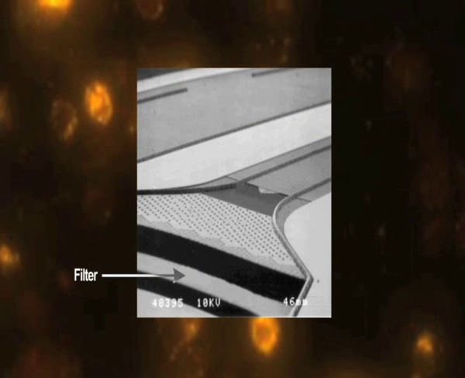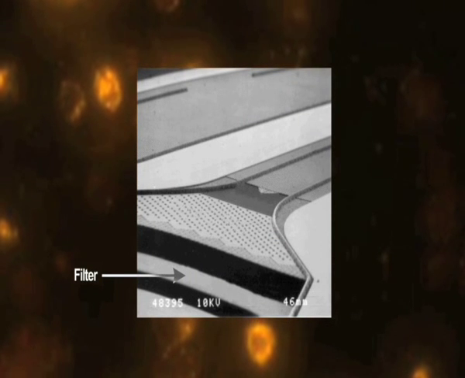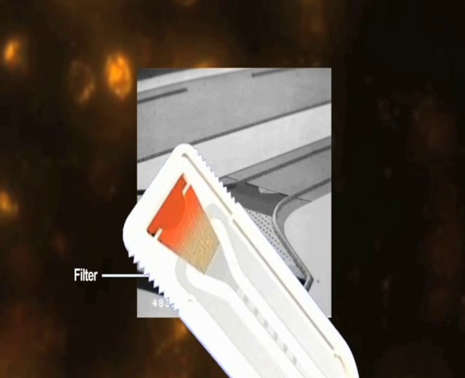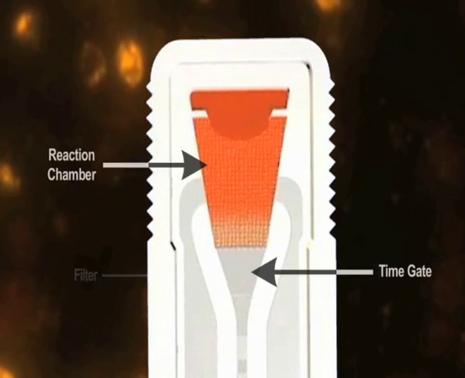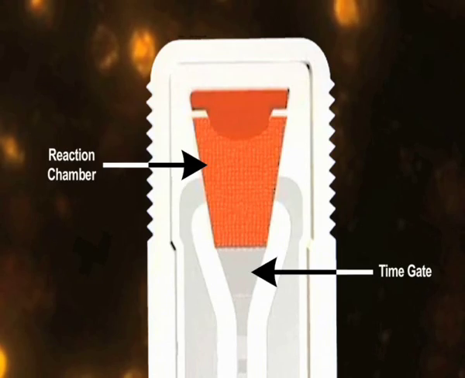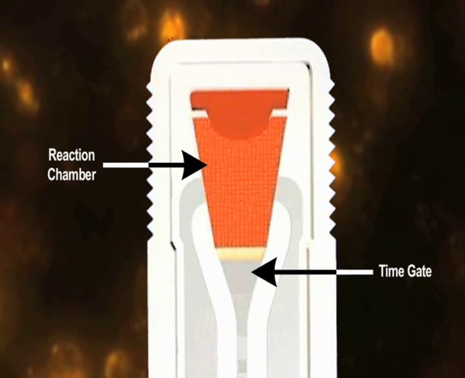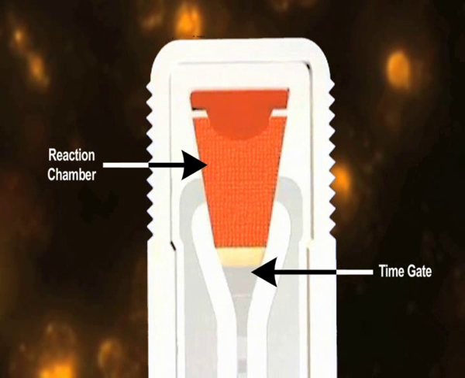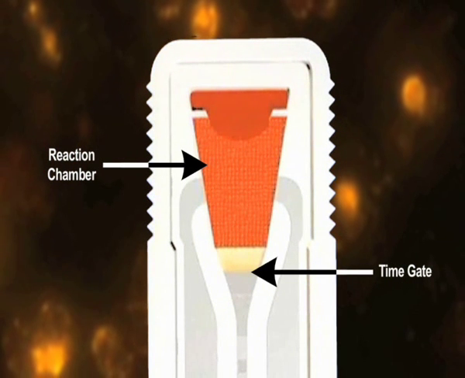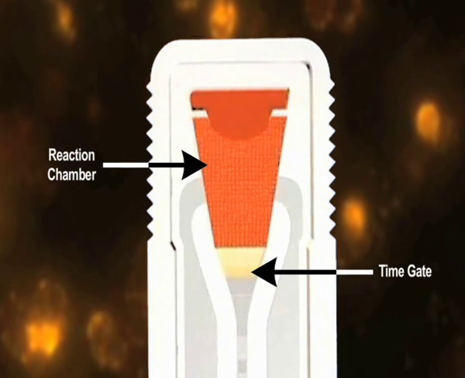The sample port employs a filter to remove blood cells and other particulates from the sample. As the clarified sample enters the reaction chamber, it mixes with fluorescently labeled antibodies and the other immunoassay reagents. Binding occurs during the incubation period while in the reaction chamber.